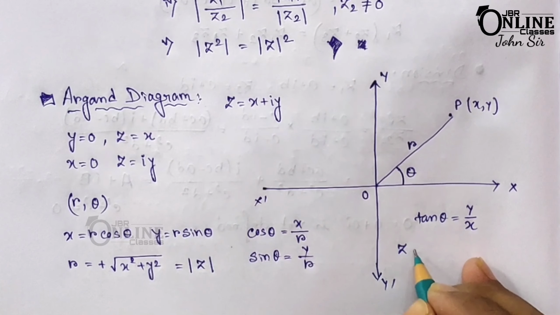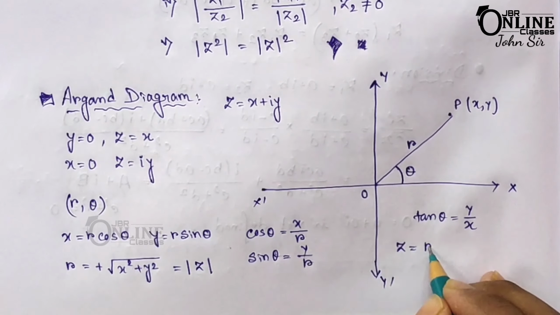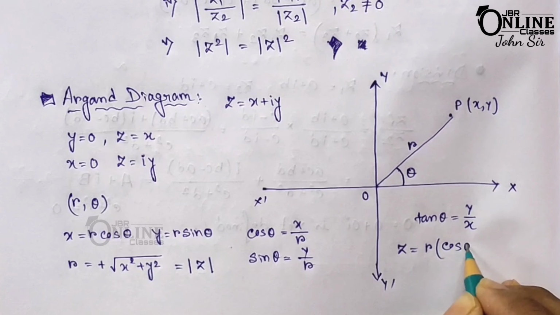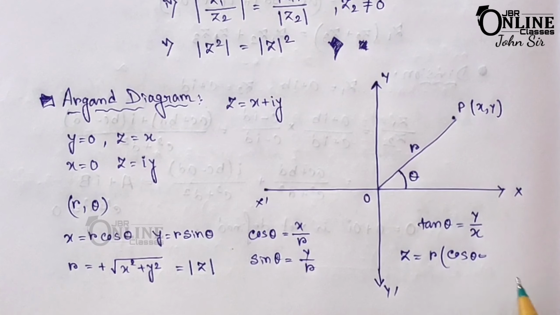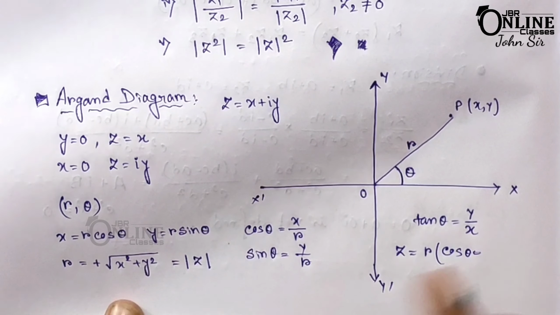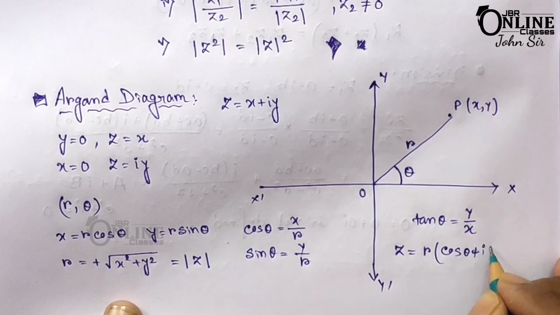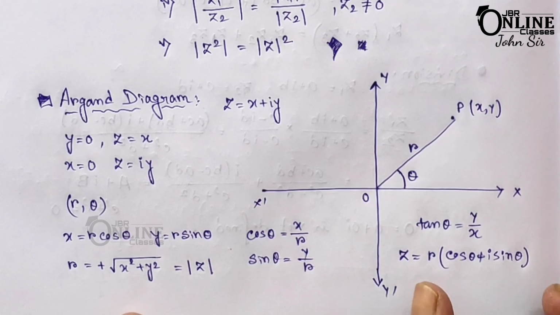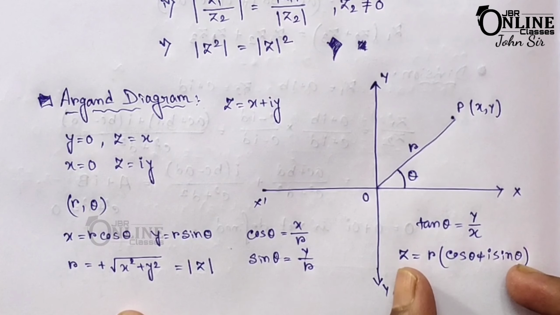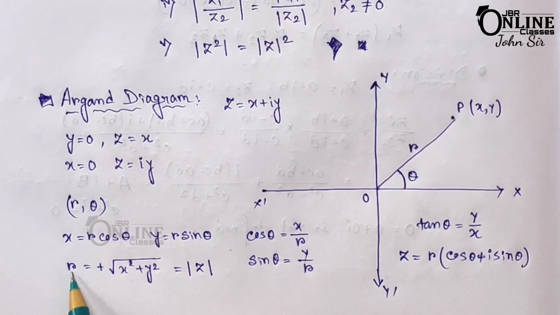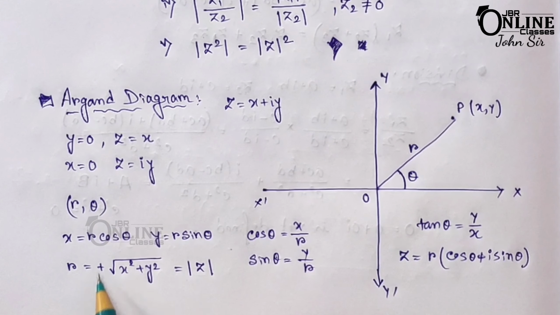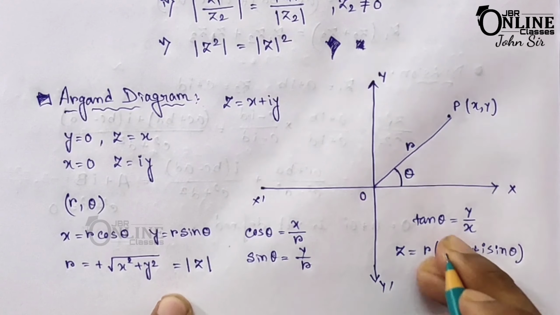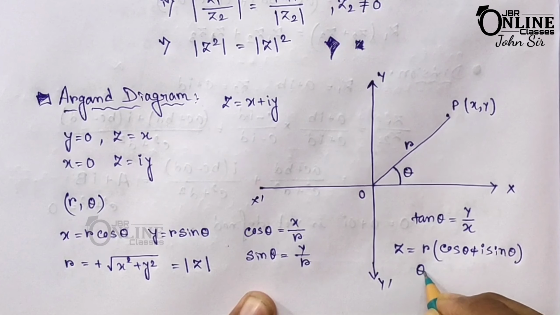So here z equal to r cos theta plus i r sin theta, where r equal to plus root over x square plus y square, and theta means the amplitude or the argument.